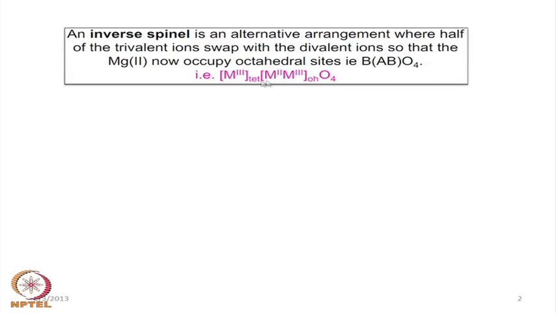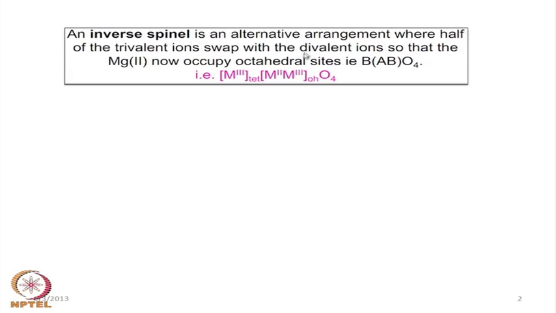So, definitely this particular movement will push 50% of these trivalent metal ions from these octahedral sites to the tetrahedral sites, and thus it gives rise to the corresponding arrangement that can be termed an inverse spinel arrangement.